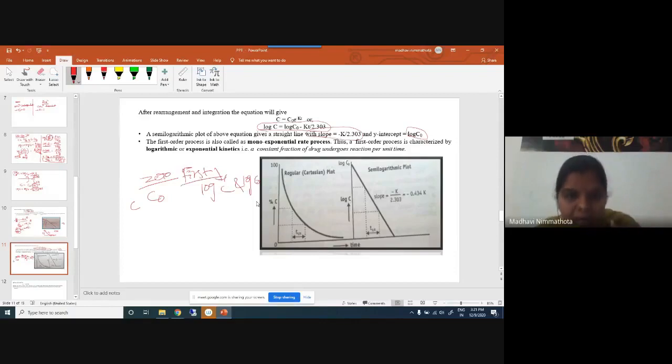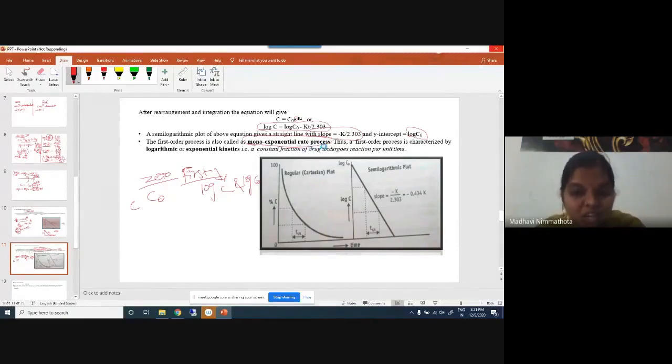The first order process is also called a mono exponential rate process. Why? Here you have one exponential form in the equation. Did you observe that? See here, C0 into e to the power of minus kt. That means here there is a mono exponential constant. That's why the first order process is also called a mono exponential rate process.